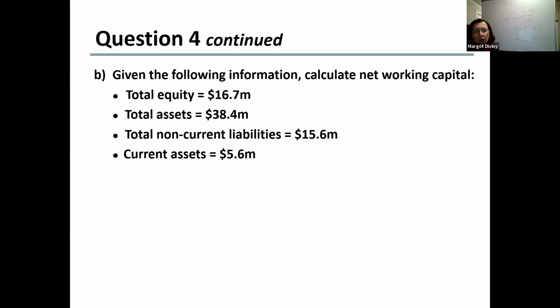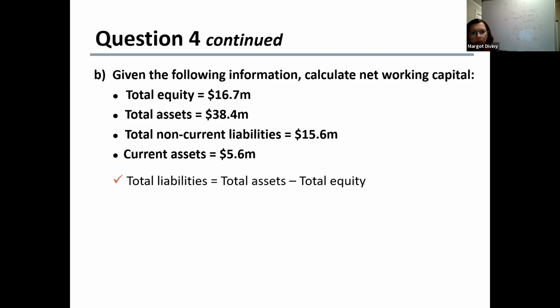So you see in the question, we've given you equity and assets. So if you've got assets and equity, then obviously you can work out liabilities. Then we gave you non-current liabilities. So if you've got total liabilities and non-current liabilities, you can work out current liabilities. And we gave you current assets, and you've already worked out current liabilities. Then you can pull all that together for your net working capital.